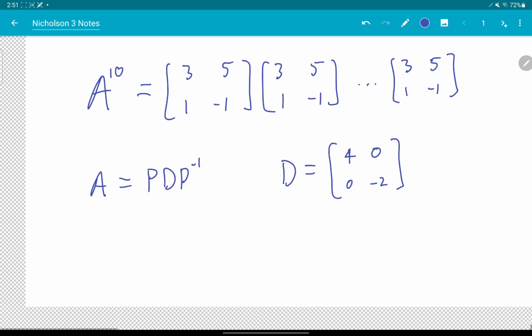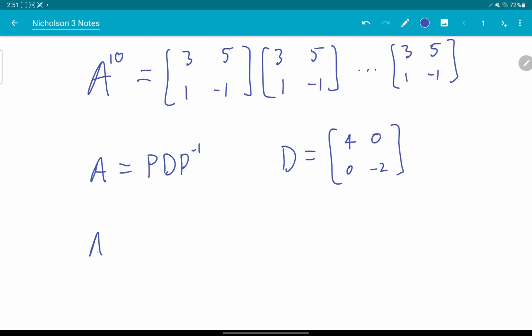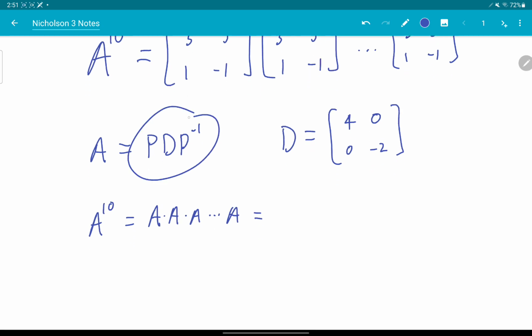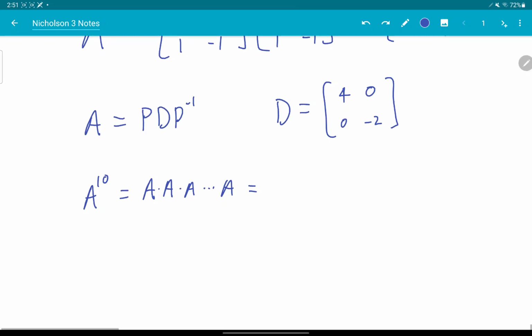Then A to the power of 10 is A times A times A, 10 times, right? That still sucks. But now I can use PDP inverse for all of my A's. So I got P, D, P inverse times P, D, P inverse times P, D, P inverse, 10 times, right?